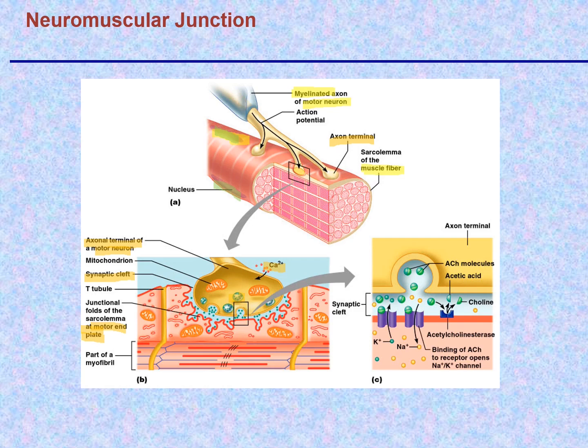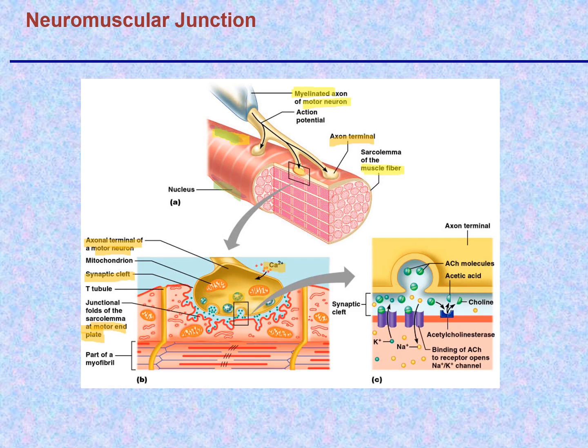All of this area here is called the motor end plate. And this junction between the axon and the skeletal muscle fiber is called the neuromuscular junction.